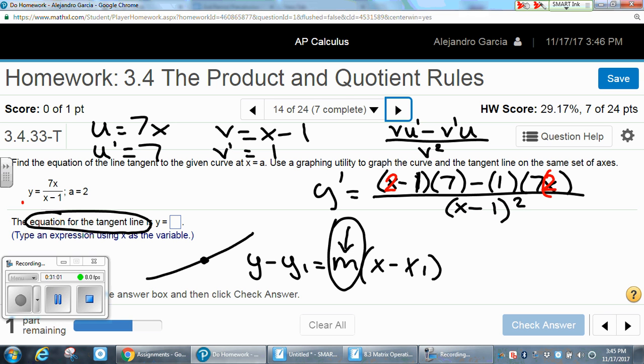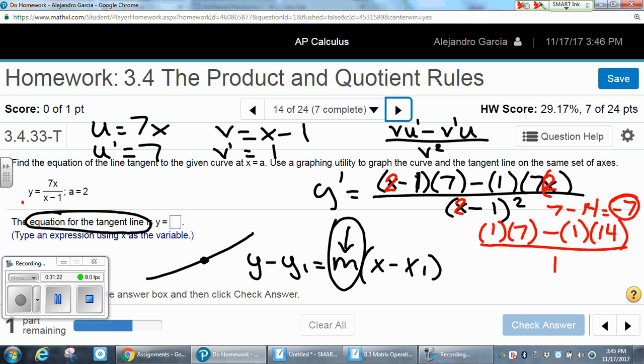So we're going to have something like 2 minus 1, that is 1. 1 times 7 minus 1 times 7 times 2 is 14. And then on the bottom, we're going to have 2 minus 1 is 1, 1 squared is just 1. So 7 minus 14, so negative 7.